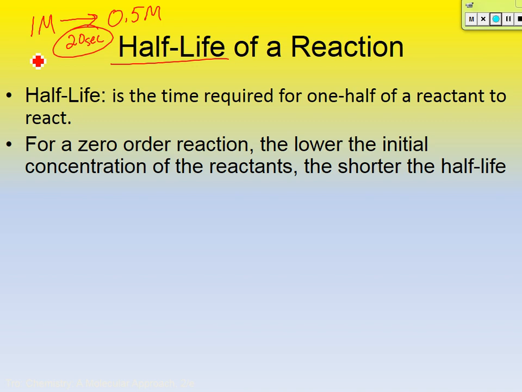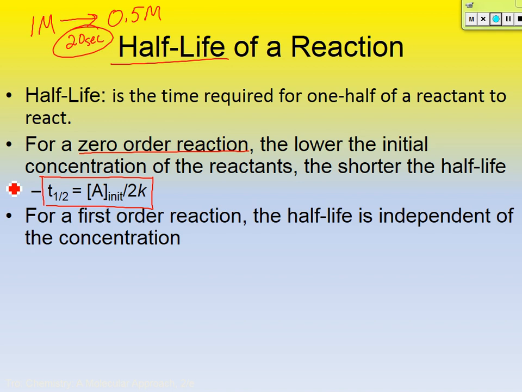Here's the deal. For zero order reactions, the lower the initial concentration of the reactants, the shorter the half-life. Here's what I want you to recognize. This equation right here is for zero order reactions. This is how you would find the half-life. So we'd need the initial concentration of A divided by 2 times the rate constant.